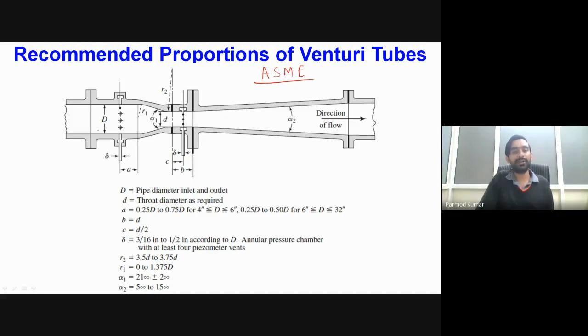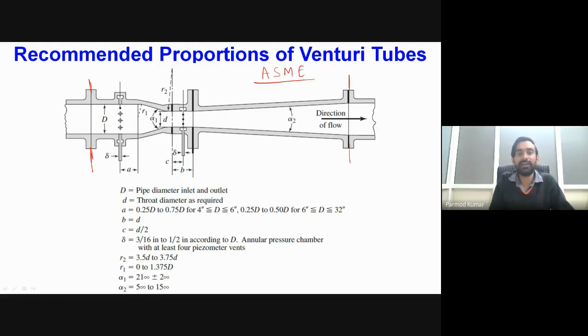You can see over here that capital D represents the diameter of the upstream pipe, and in between we have some flange arrangement, which connects our venturi. This is the point at which the flange starts, and this is the point at which the flange connects to the downstream portion of the pipe. Alpha 1 and alpha 2 are the angles which I have just specified in the previous slide also.